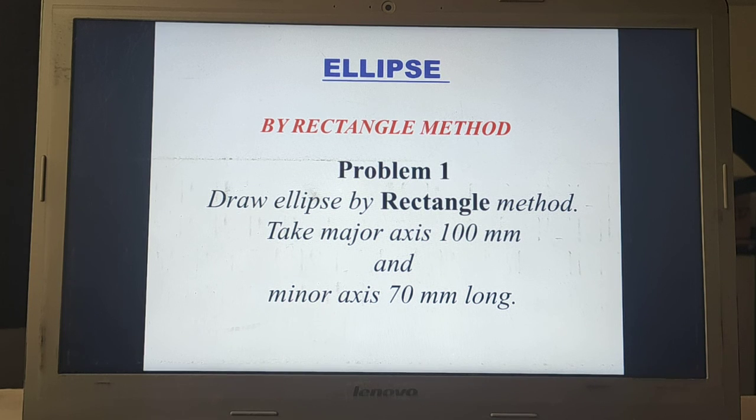Now the very first problem we are going to discuss is drawing an ellipse by the rectangular method. This is problem number 1. The problem statement is: draw an ellipse by the rectangle method. Consider major axis 100 mm and minor axis 70 mm long. Let us see how we can draw it.